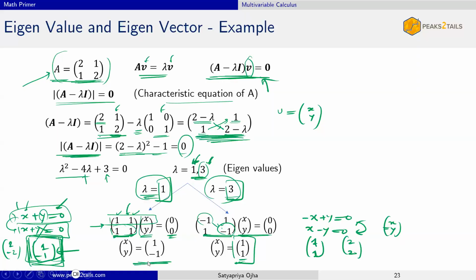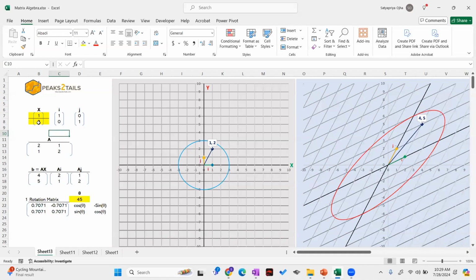The first vector is 1, minus 1. Let's see. 1, minus 1. Now look at this. The original vector is 1, minus 1. This matrix got multiplied with this. What is the final vector? 1, minus 1. What is the scaling factor?